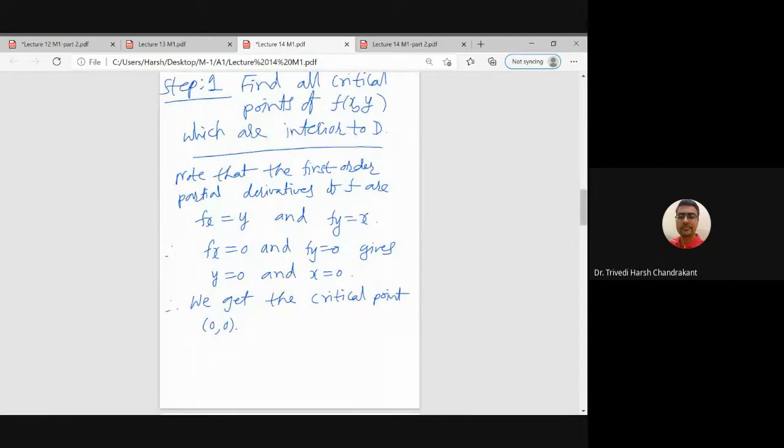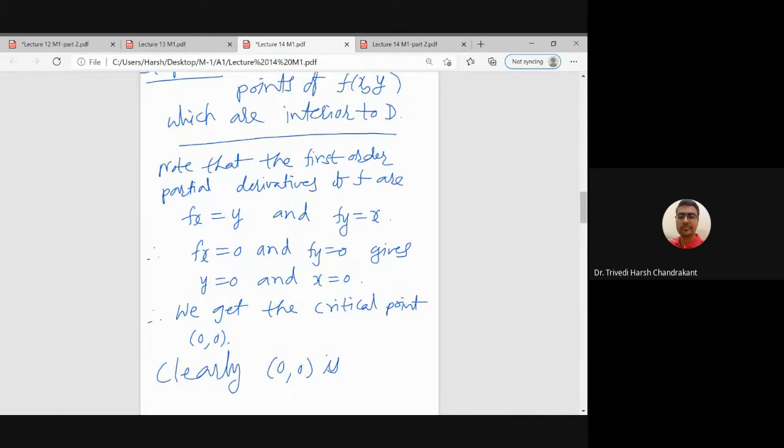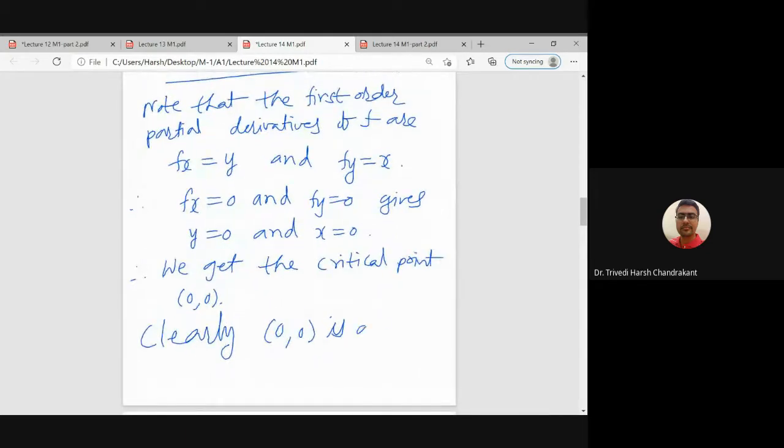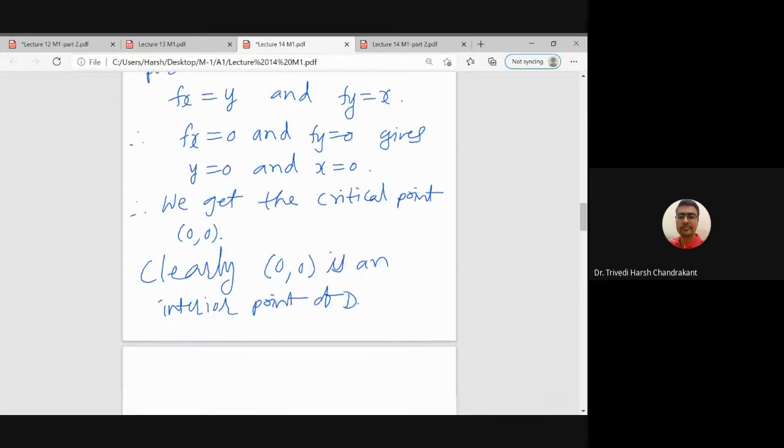So clearly 0 0 is an interior point of D. Therefore we got a critical point which is inside D.